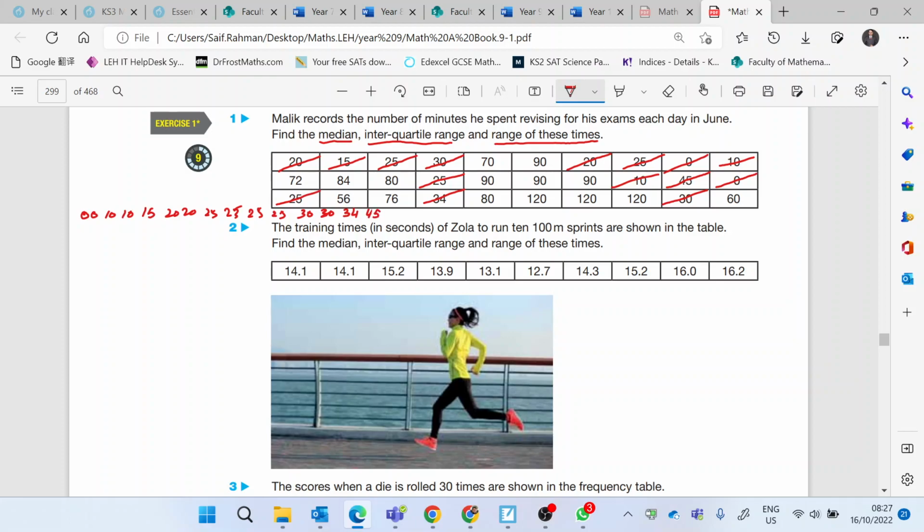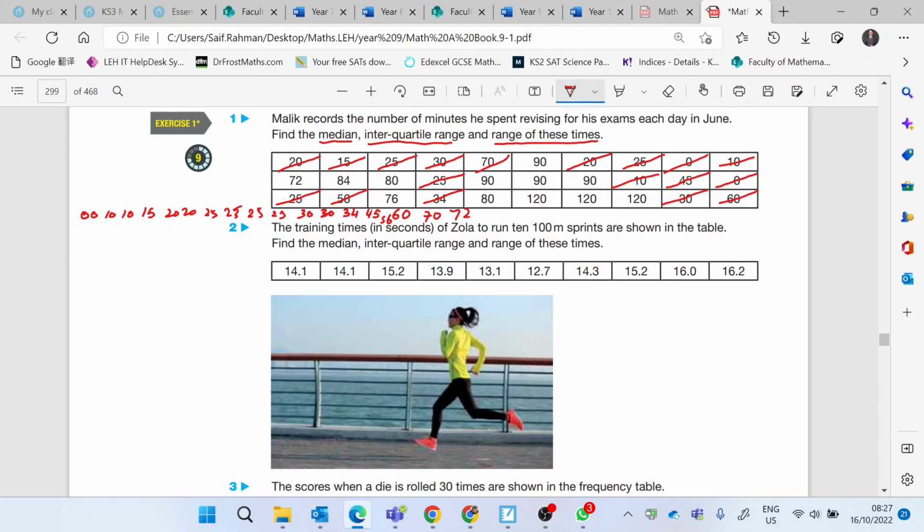The next value after 45 is 60, but before 60 there is a 56 as well. So 56, 60, and then another 60, then 70. How many 70s? Just one 70.